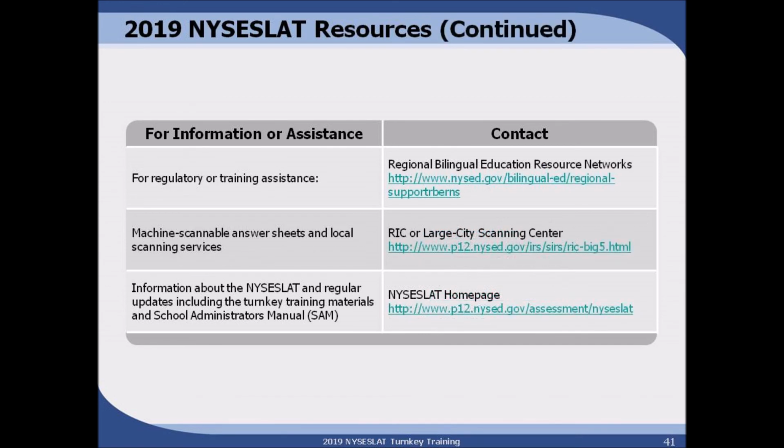For regulatory or training assistance, contact the Regional Bilingual Education Resource Networks using the link shown here. For information about machine scannable answer sheets and local scanning services, contact your RIC or large city scanning center using the link shown here. For information about NYSESLAT and regular updates, including the Turnkey training materials and School Administrator's Manual, SAM, go to the NYSESLAT homepage at the link shown here.